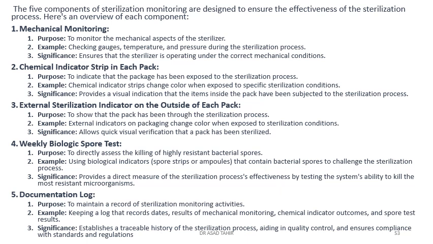Documentation log. Purpose: to maintain a record of sterilization monitoring activities. Example: keeping a log that records dates, results of mechanical monitoring, chemical indicator outcomes, and spore test results. Significance: establishes a traceable history of the sterilization process, aiding in quality control and ensuring compliance with standards and regulations.